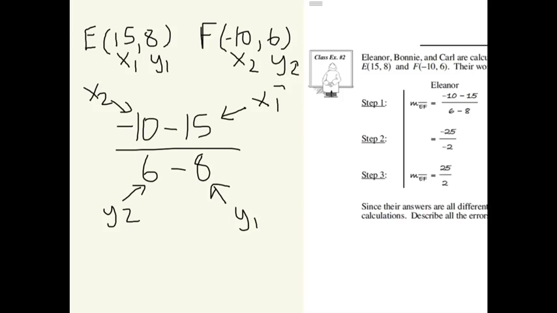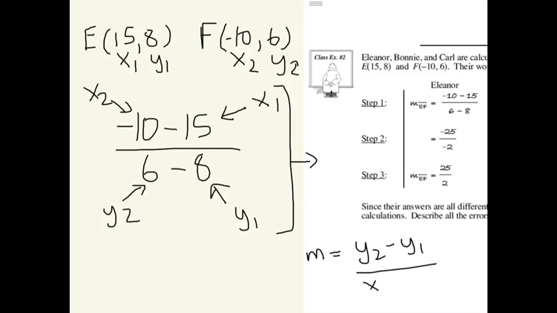Now the problem that you should see right here is that these are completely reversed. To use the slope formula, it's actually set up as so: you're going to have y2 minus y1 all over x2 minus x1. Eleanor had the x's on top, and that's why her answer is wrong.